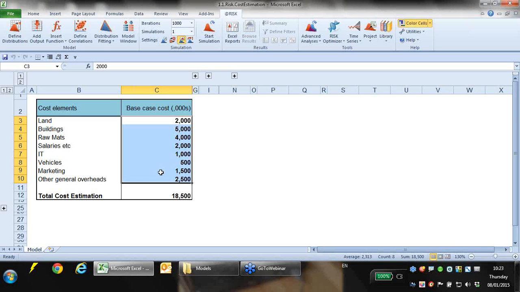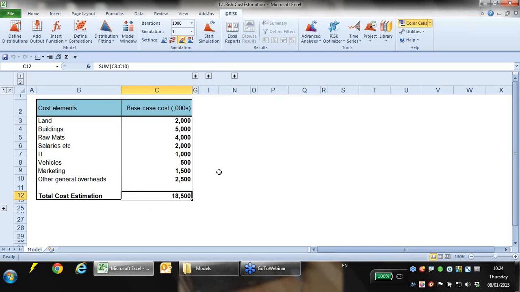Really, if you think of Excel as a toolkit, which you can build up to make models, however weird and wonderful and fanciful you want them, then @Risk is just another tool in that toolkit, which enables you to do some other things. And so this is a little cost estimation model. We've got 8 different cost elements: land, buildings, raw material, which we need to fulfill as part of this project. Each of them has been given a base case cost. So this would be an example of a single point estimate, of a deterministic or static model.